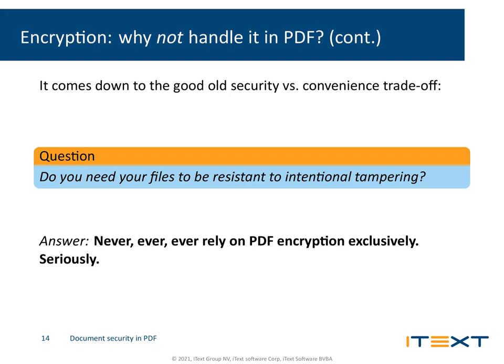There is a proposal in the works to add authenticated encryption to PDF, but that's moving through the ISO process, and that will take a while. In the meantime, if you need tamper resistance, then think twice before you entrust your entire architecture to PDF encryption only.